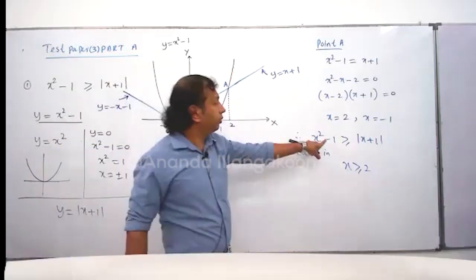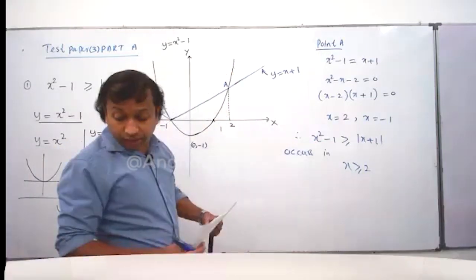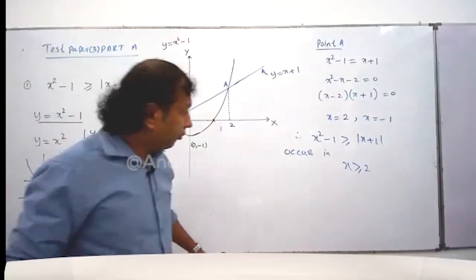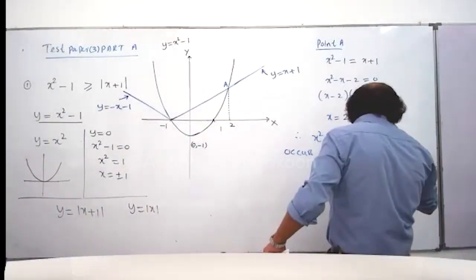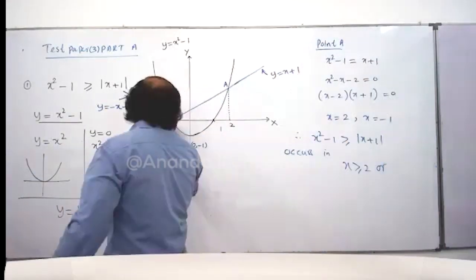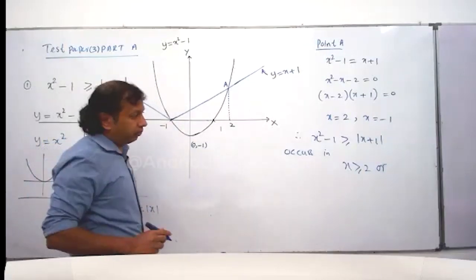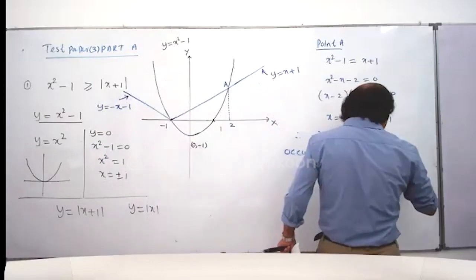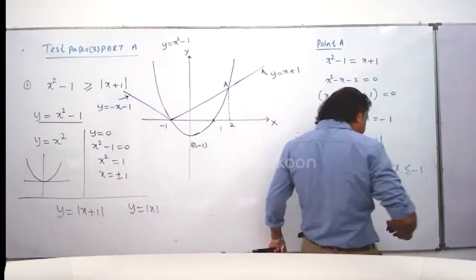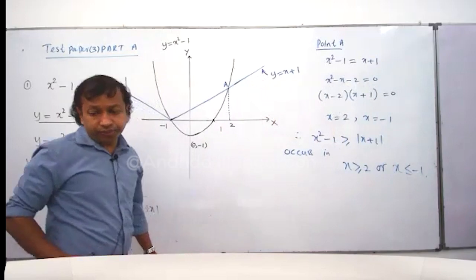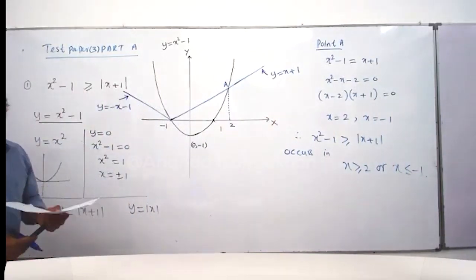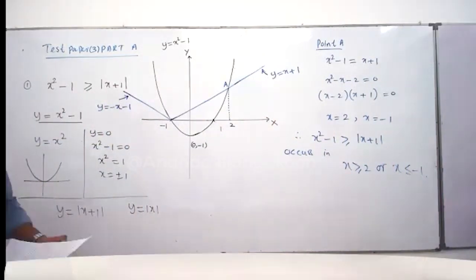The other one is x less than or equal to minus 1. At minus 1 they are again equal. So x less than or equal to minus 1. These are the solutions. In this graphical method, you are given the marks like this.